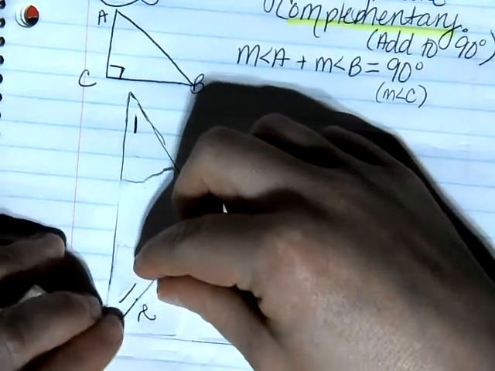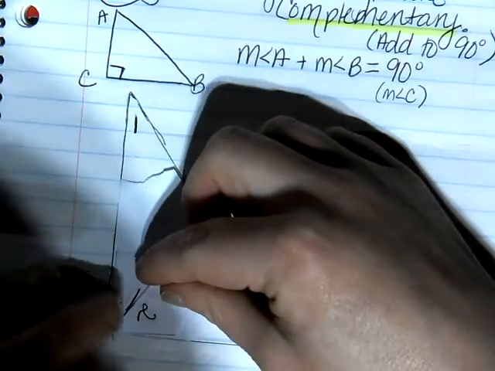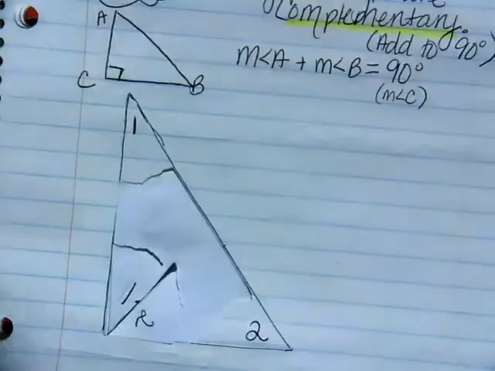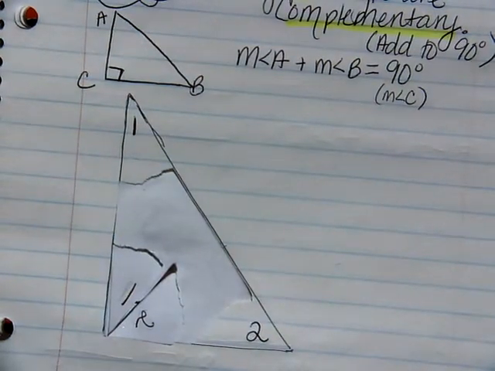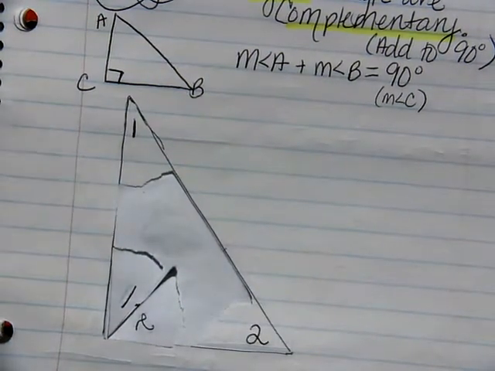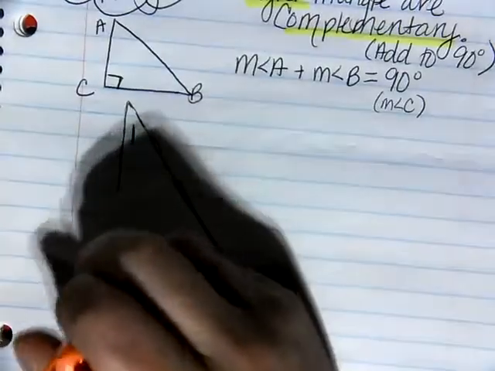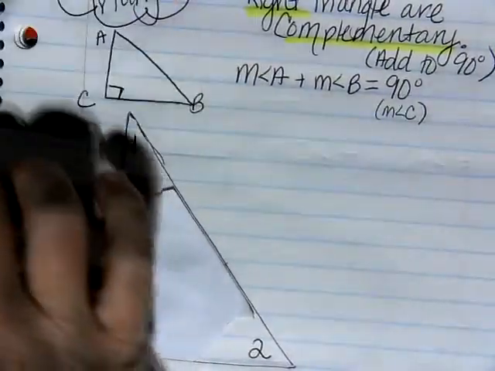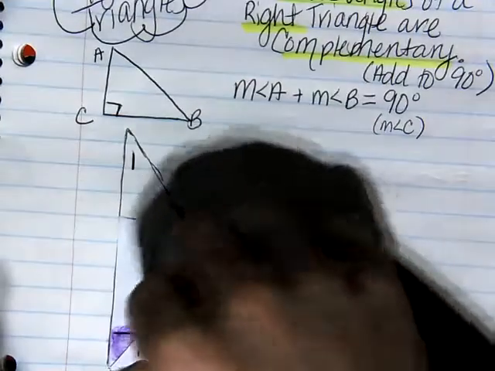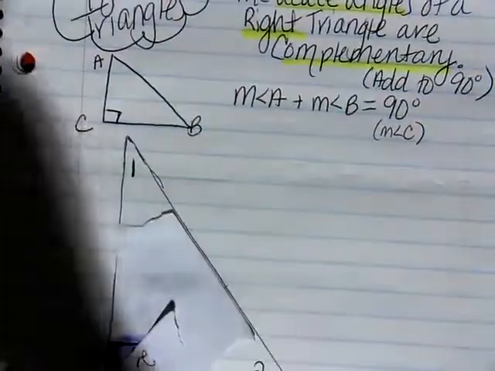And what you can see here is that together, angle 1 and angle 2 perfectly match up with our right angle. And that indicates that the measure of angle 1 plus the measure of angle 2 add to equal 90 degrees. So I'm going to paste these angles right on top of that right angle. Which is so cool that it just works out that way.